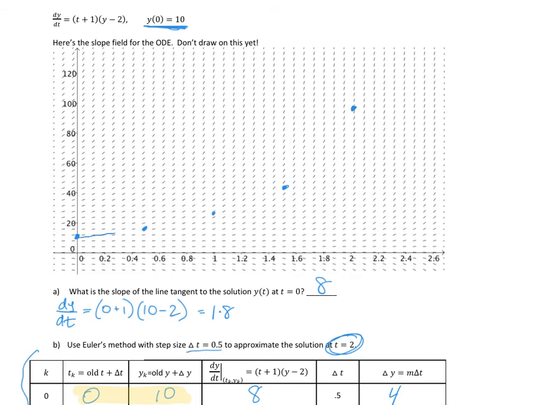So piecewise, then we're connecting these with lines. The slope field indicates that they're curved, but these are the only points I calculated using Euler's method.